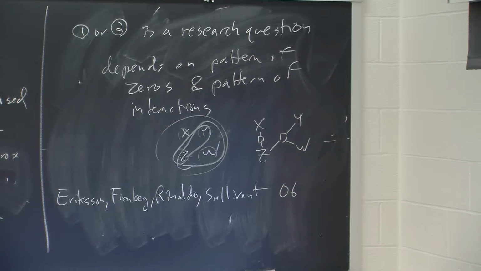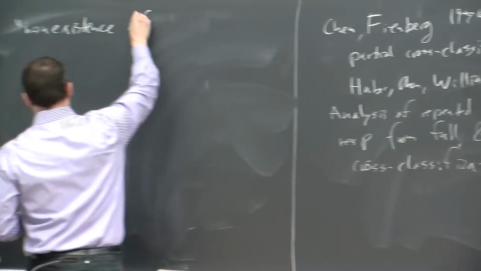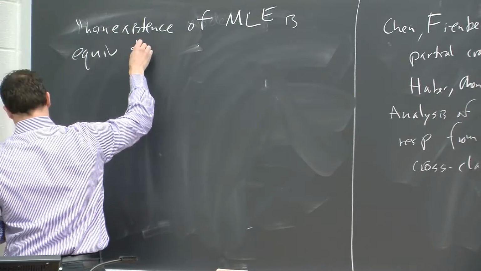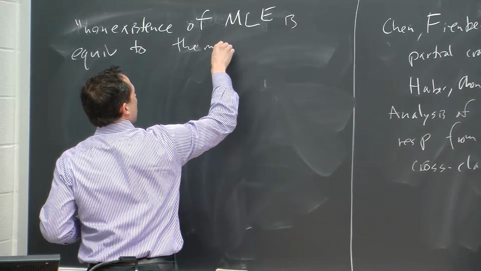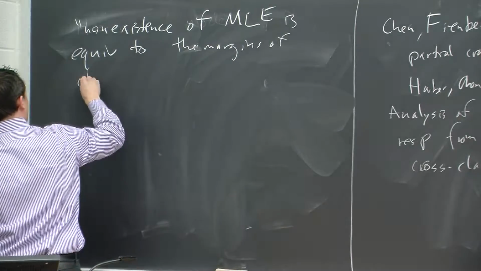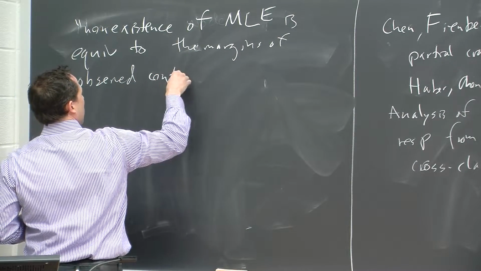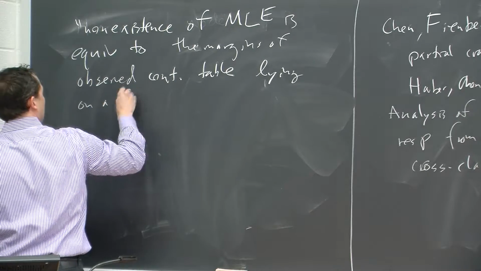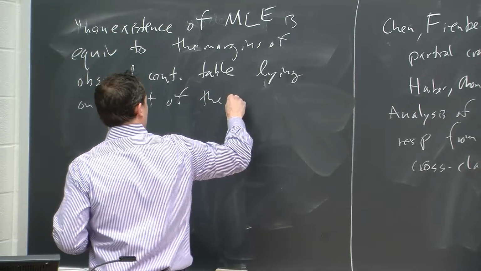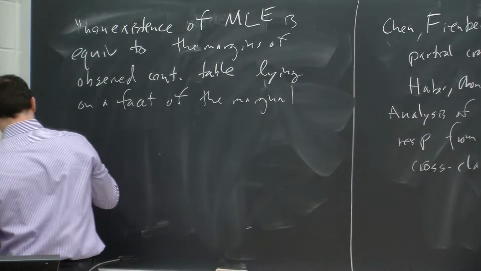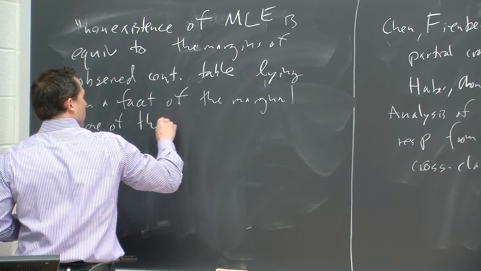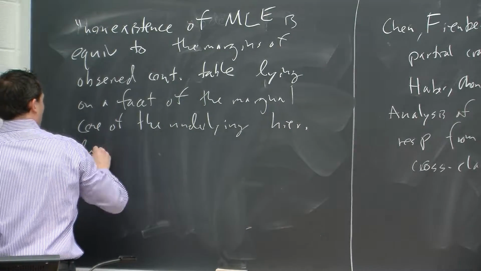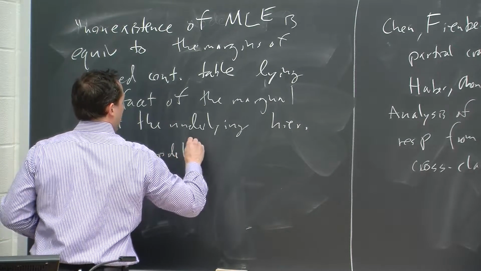So that paper says that the non-existence of the MLE is equivalent to the margins of the observed contingency table lying on a facet of the marginal cone of the underlying hierarchical log linear model.